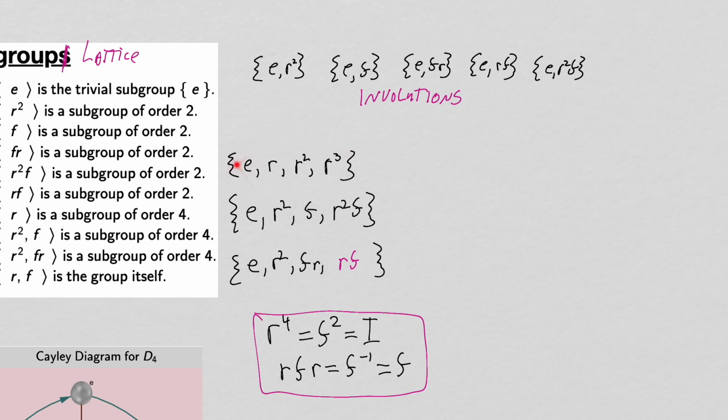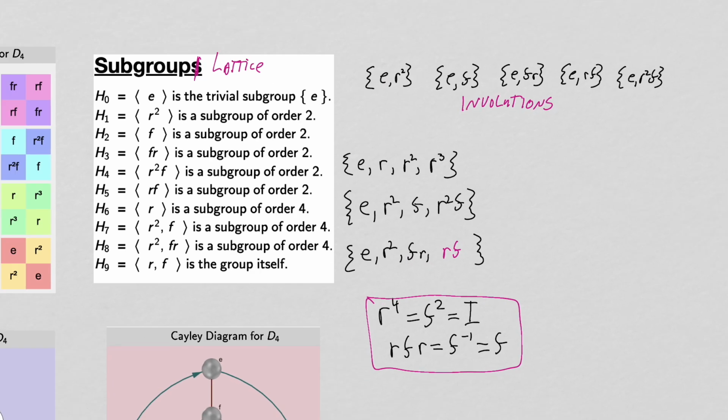So this guy is H6, and H6 certainly contains H1. And this guy here is H7, and H7 certainly contains H2, et cetera, et cetera.